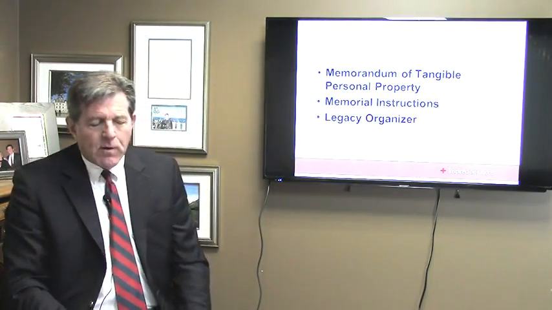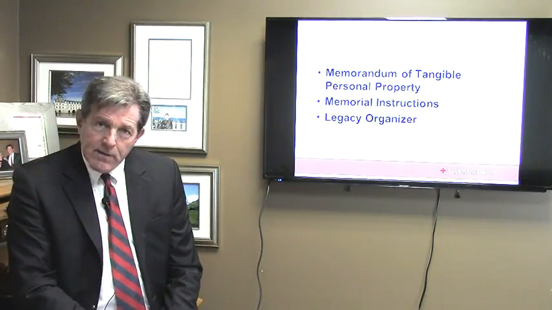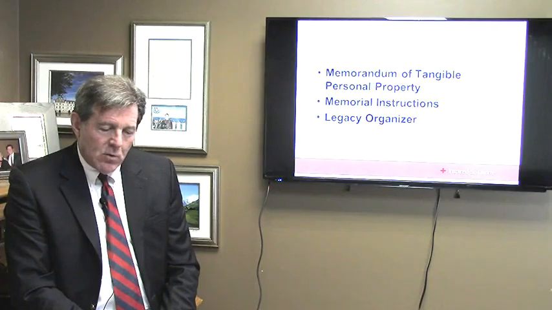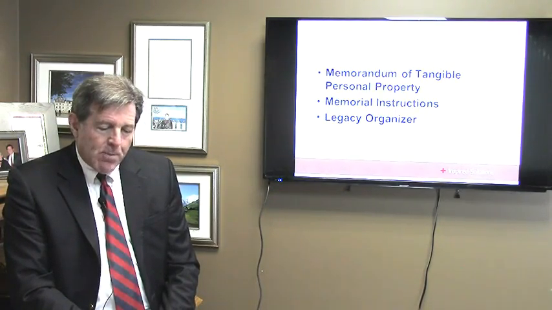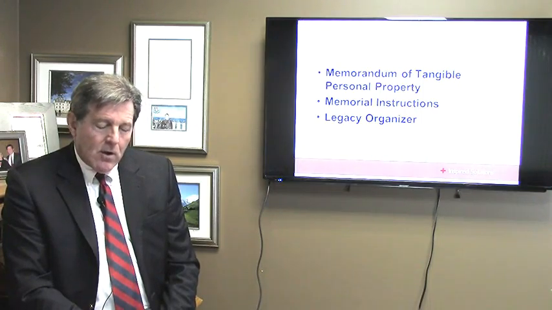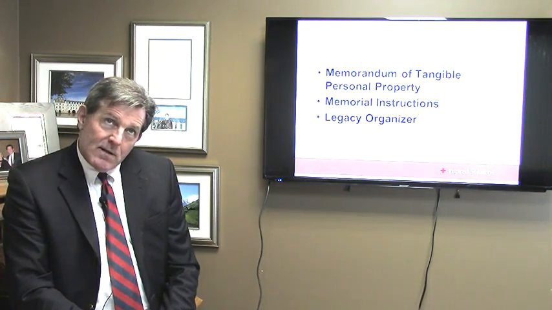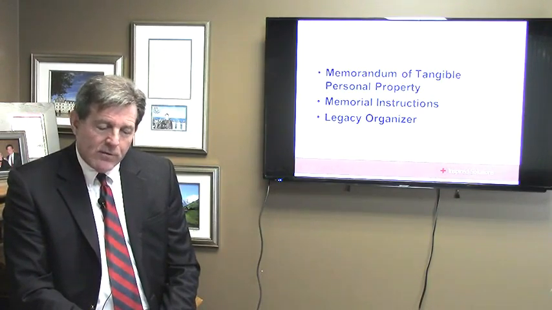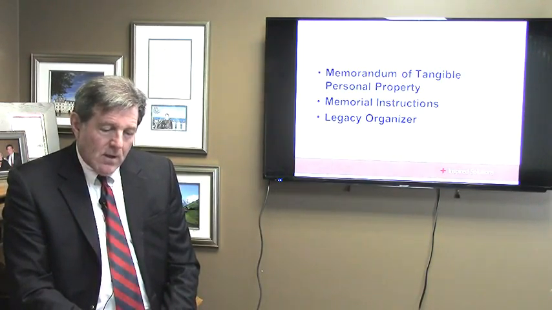And then we also provide a document that we call a legacy organizer. If you think about it for a minute, if something happened to you, you probably have a lot of things there that other people don't know about, or at least they may know about them, but it would be really difficult to gain access to it. For example, a computer.